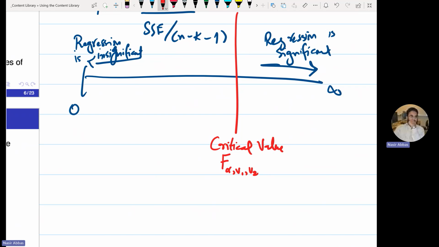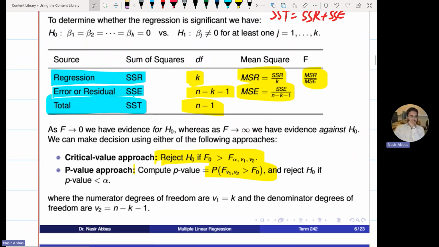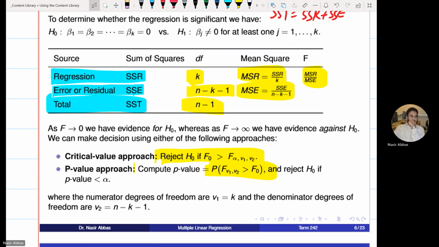So if you are on the right side of the critical value, you will say regression is good. If you are on the left side of the critical value, you will say regression is bad. And this is what is all explained in this slide. Yes. Assuming that F is continuous, the chance that it will fall exactly on it is literally 0.